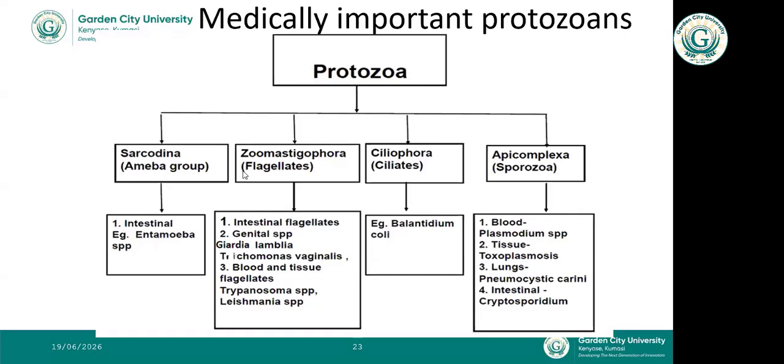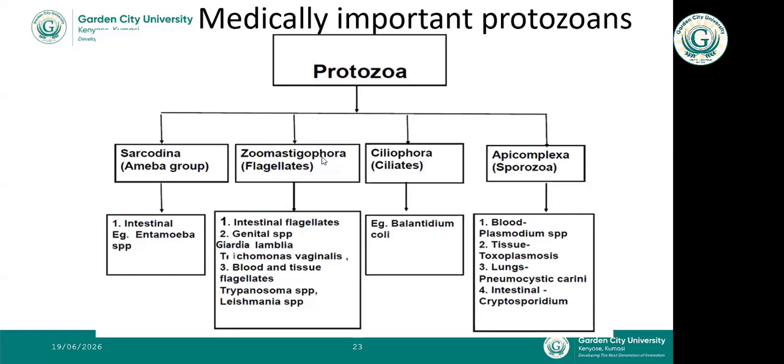So we can put protozoans into subgroups based on their features or characteristics. We can have those that are amoeba-like, the sarcodina. So example is the Entamoeba species. They infect the intestinal tract. We have those that have flagella that move by means of the flagella.